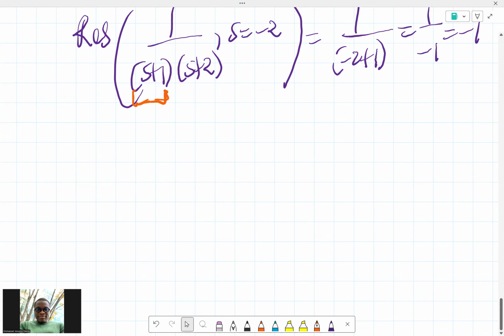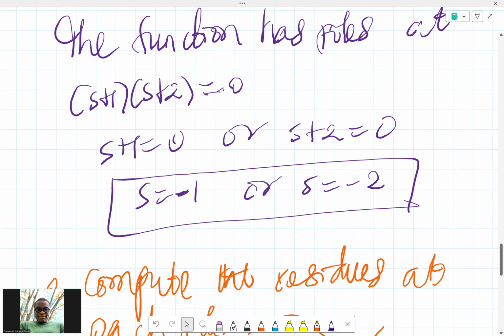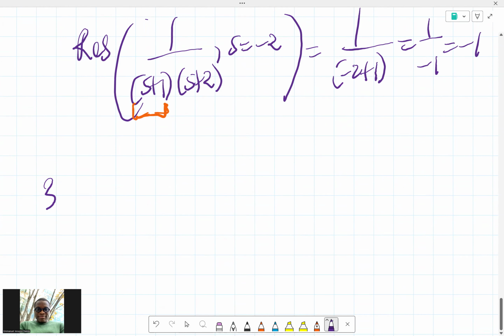Now that we have the residues, the next thing we want to do is to sum the residues. That's the third step.